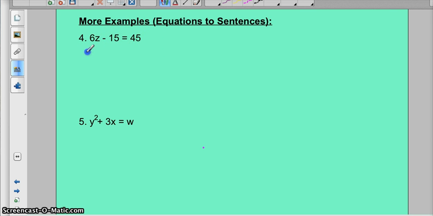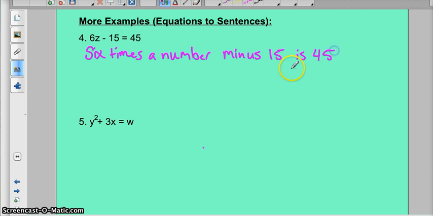So I'm going to write that down. 6 times a number, you could say 6 times z as well, minus 15 is 45, is equal to. Any of those keywords that we wrote down at the beginning, and there it is.